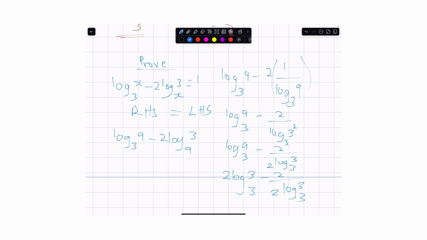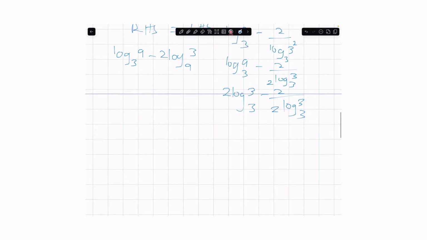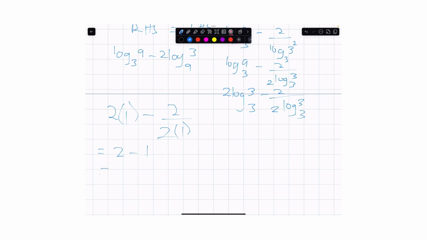You now want to prove this one. Log 3 base 3 is equal to 1. So you get 2 times 1, which is log 3 base 3, minus 2 over 2 times 1, which will give you 2 minus 1, which is equal to 1.